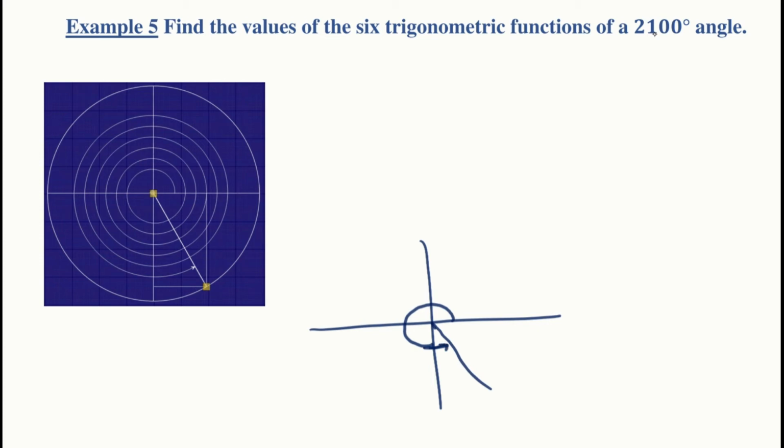All right, so there's the scenario. And remember, that again is not the 2100 degree angle itself, but it's one that for all practical purposes is the same because it's coterminal. Notice it looks exactly like the 2100 degree angle as far as the initial and terminal sides are concerned.